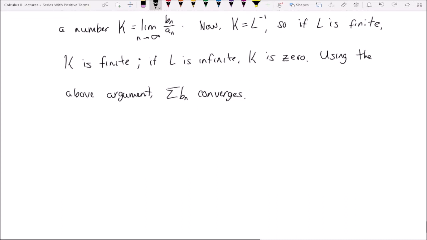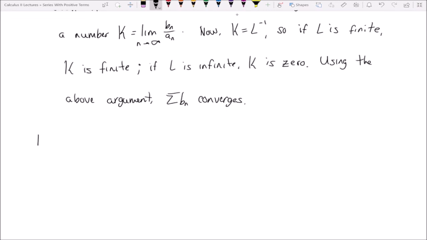We now summarize this. And this is the limit comparison test.